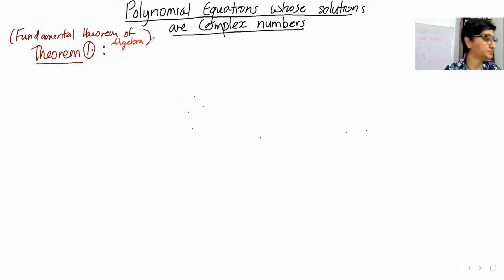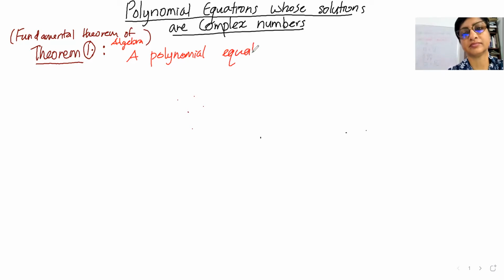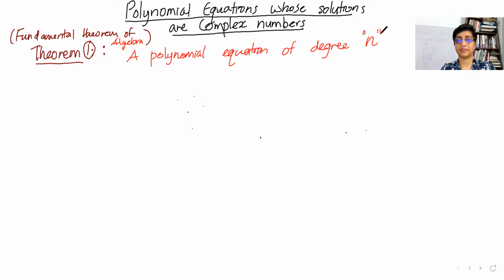You already know this. It says that a polynomial equation of degree n, if the degree is n of a certain equation, it should have how many solutions?